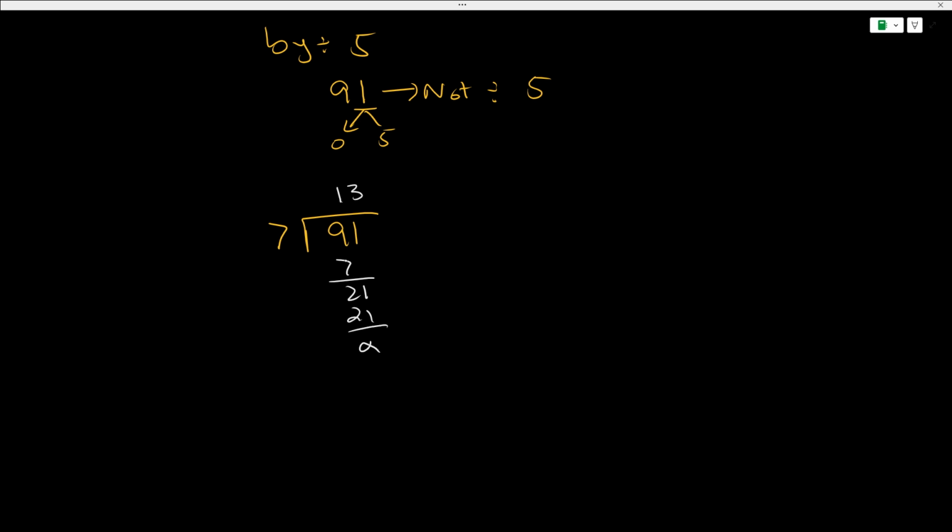So 91 is exactly divisible by 7. So we say that 91 can be divided by 7, or in other words 7 is a factor of 91. By definition, if a number has more than 2 factors, we say the number is composite. So 91 is a composite number.